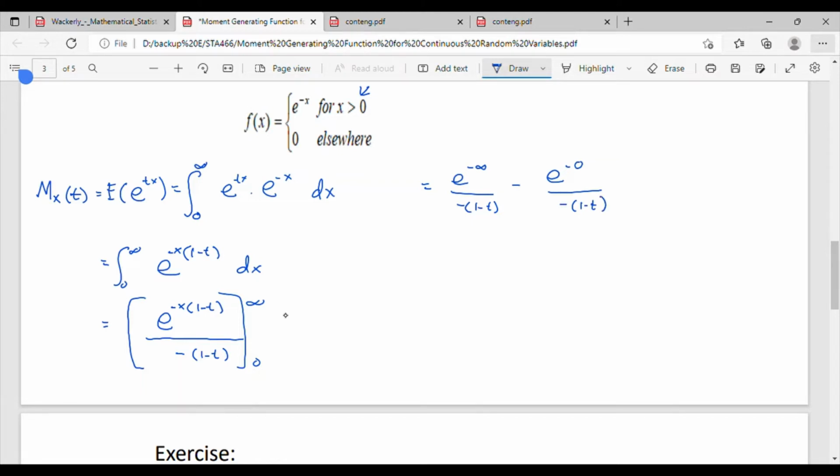Okay, e power of negative infinity is 0.